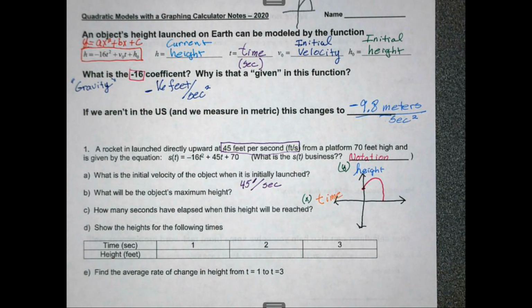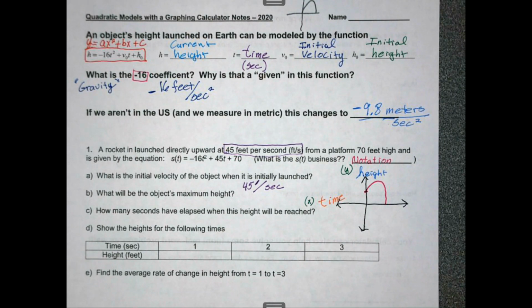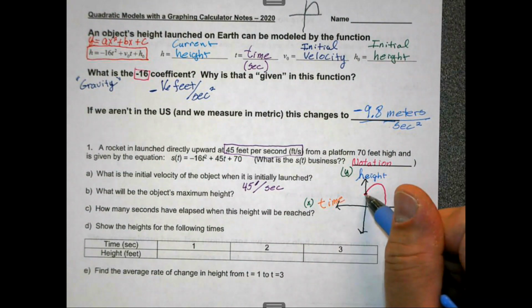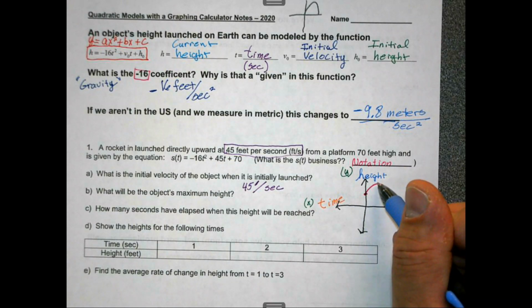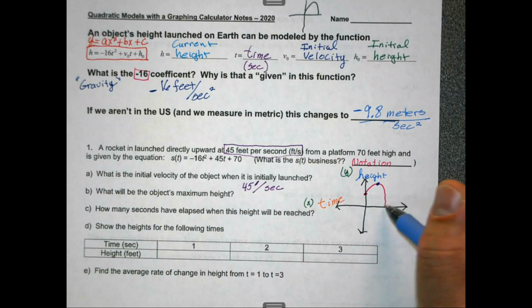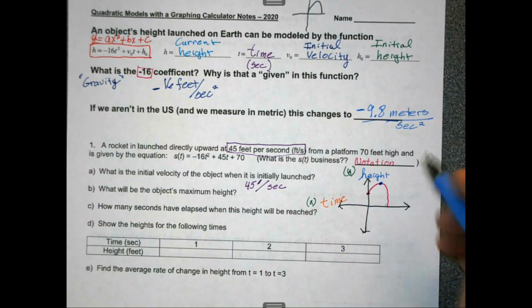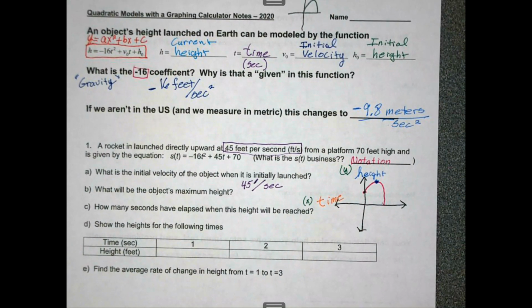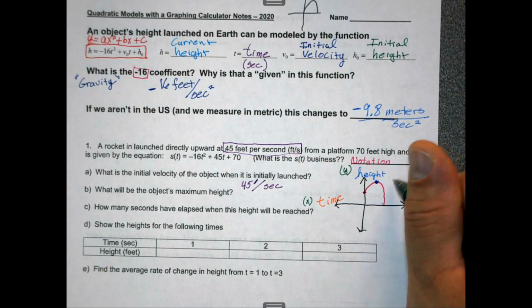B, what will be the object's maximum height? Well, if I look at my picture here, it launches from a platform, goes up, and then reaches a certain height and time, and then it falls back down to the ground. So this is actually the vertex of my parabola, right?